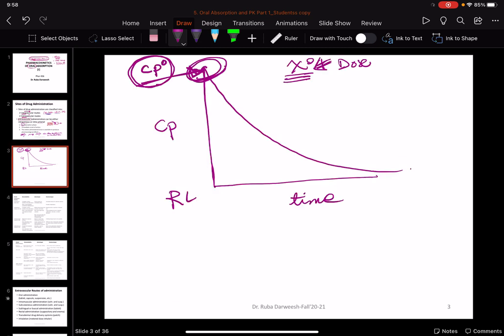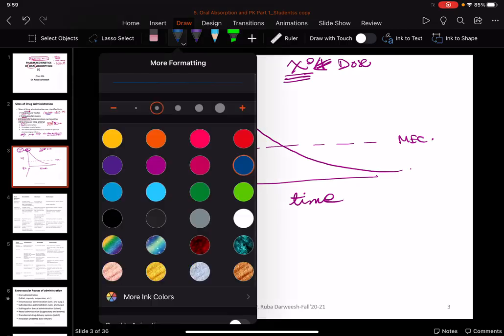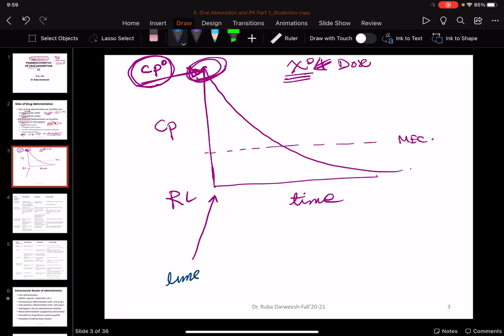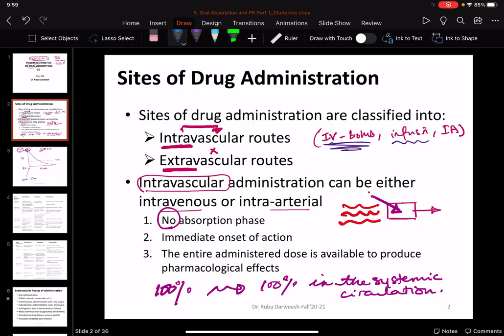Immediate onset of action is what we mean here. If you have a minimum effective concentration, the effect will be directly at time equals 0, because again the drug is entering the systemic circulation directly. The entire administered dose, which is X naught, is available to produce the pharmacological effect, because we have 100% of the drug reaching the systemic circulation.